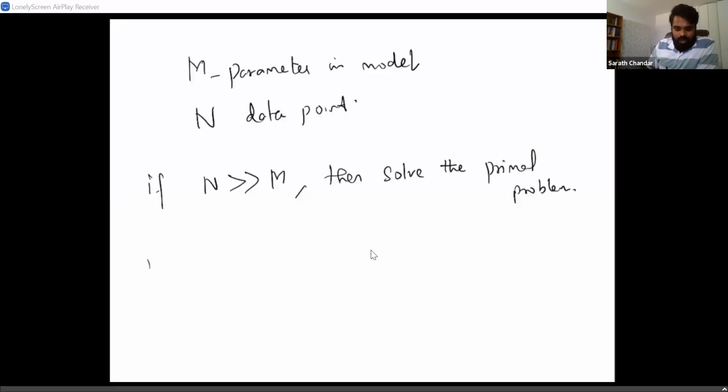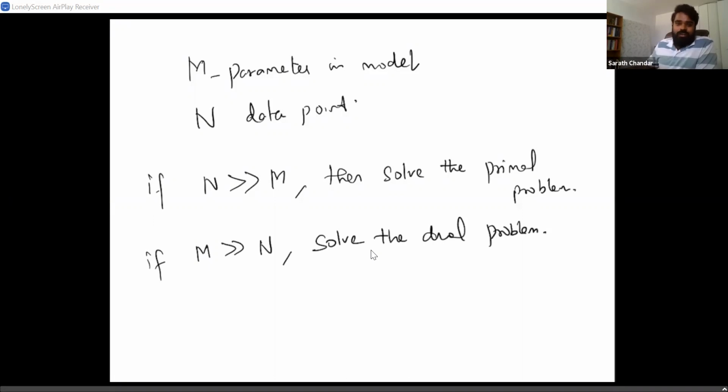However, if the number of parameters is much larger than the number of examples, then you have to solve the dual problem to save time and computation. If you are using any standard packages like sklearn for max margin classifiers, you will have an option to solve primal or dual. Depending on your data set, if you have more data points than the number of features, you should go for solving the primal problem. On the other hand, you should go for solving the dual problem.